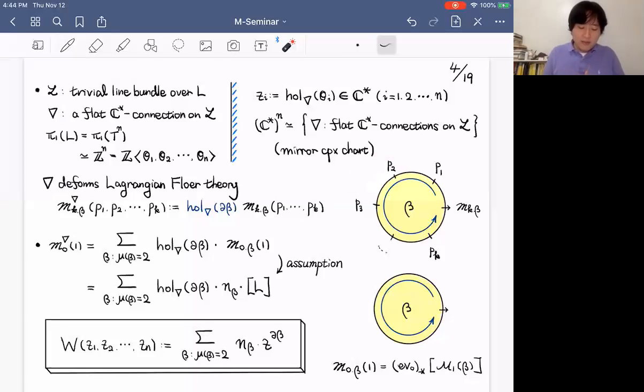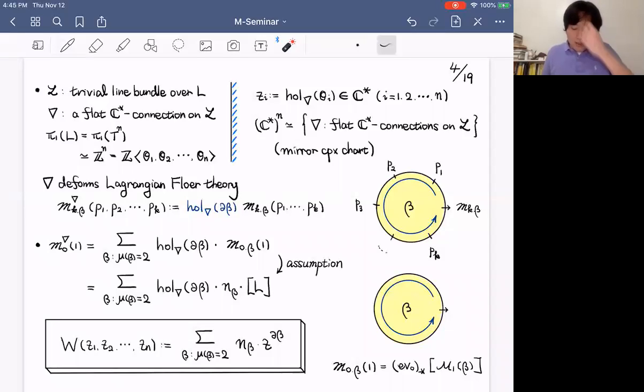Now we can define the superpotential. The superpotential comes from the m0 term, the obstruction term. By definition, it is filtered by the homotopy class, as I've just mentioned, and this is the very definition. Also, when we turn on the deformation nabla, the effect is multiplied by the holonomy.